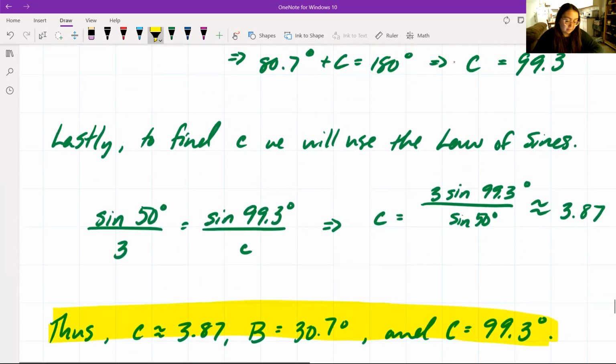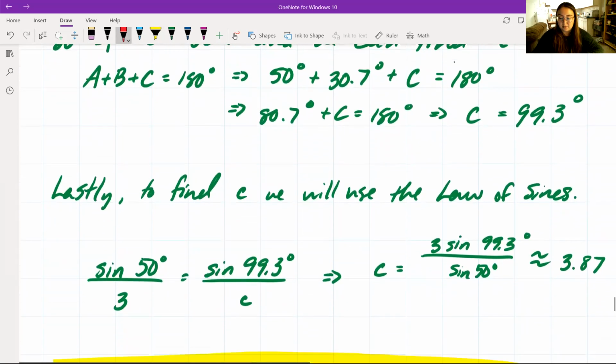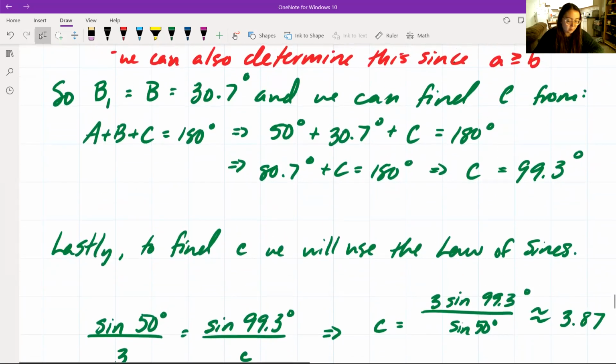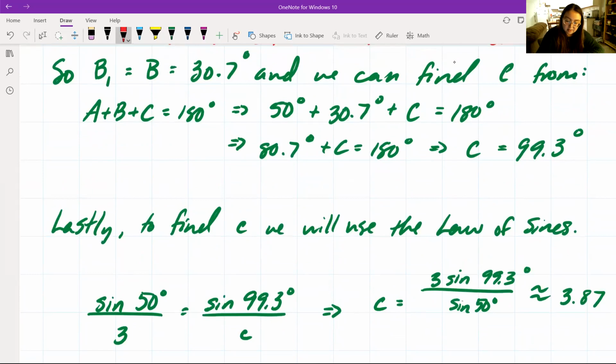All right. So let's make another note here to drive this idea home, a note based on what we determined here.